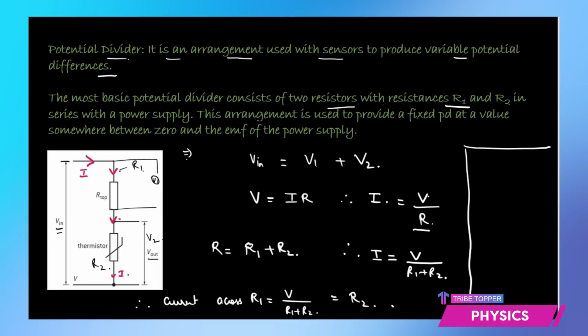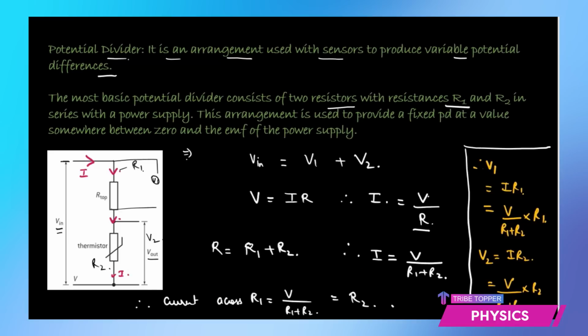That is going to be different in series. So we'll say V1, the potential difference across the first resistor, which is a fixed resistance, is IR1. So that's going to be I, which is V over R1 plus R2, times R1. And the second potential difference V2 will be IR2. So that's going to be V upon R1 plus R2 times R2.